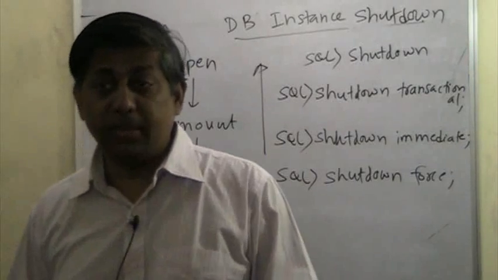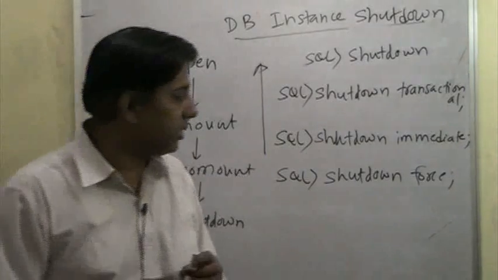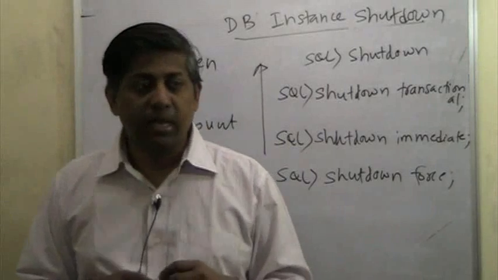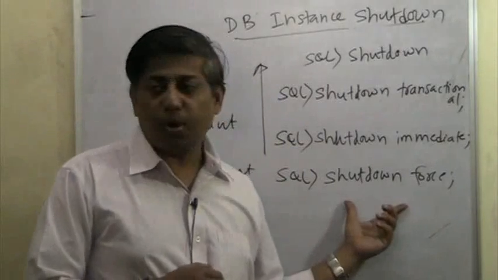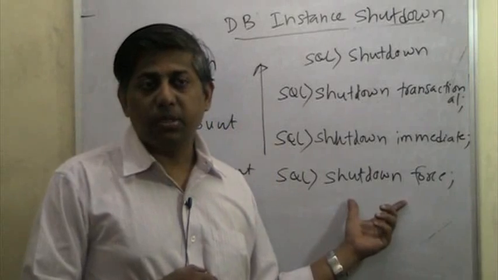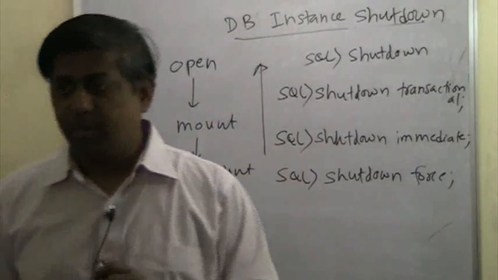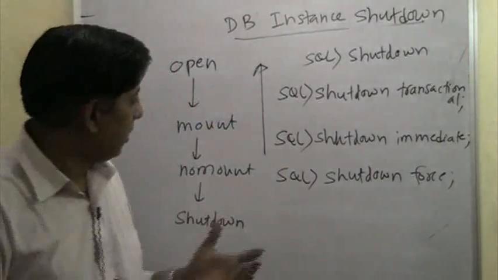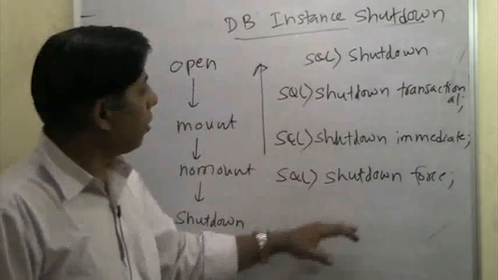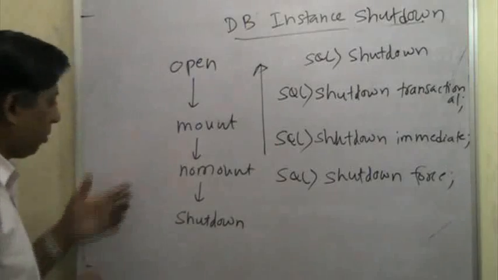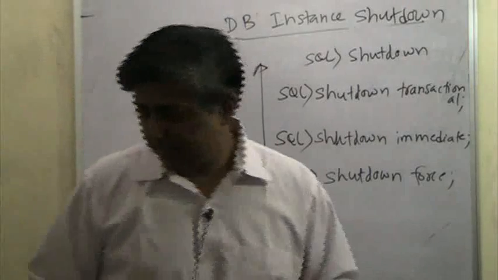Therefore, next time when we do a startup command, Oracle will realize that the database was not shut down properly, and it will do what is called an instance recovery. We'll talk about instance recovery during backup and recovery again, but that is when data will be brought back. So this is the shutdown process, and the startup process is in an exact reverse way.